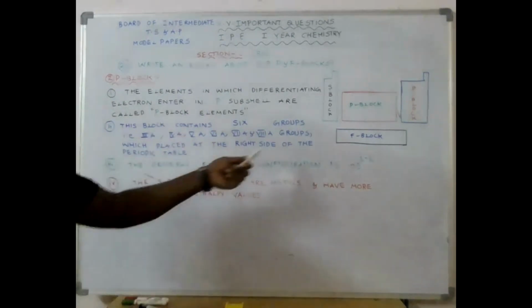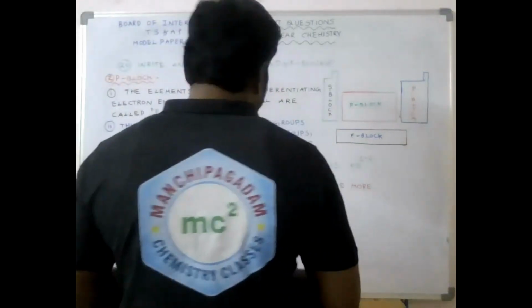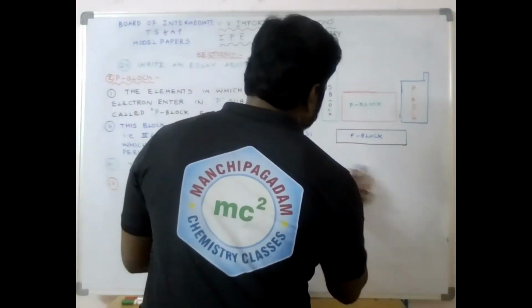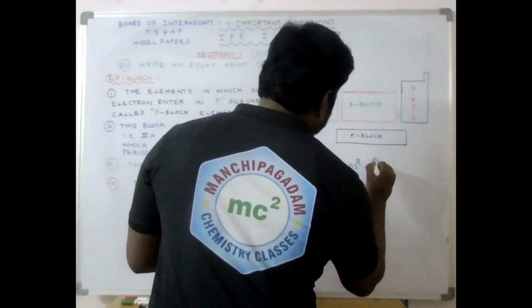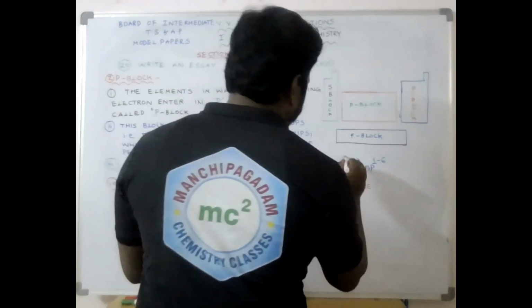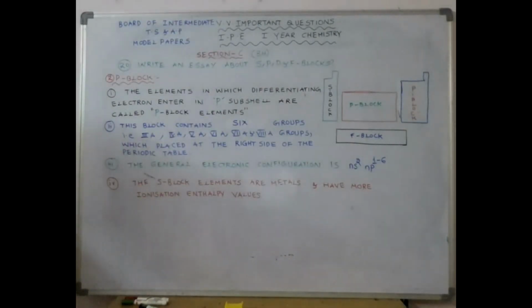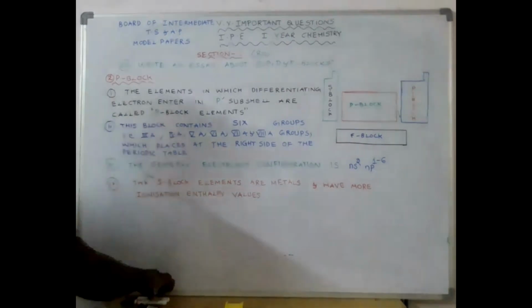The general electronic configuration is ns2, np 1 to 6. This is the general electronic configuration of P block elements.